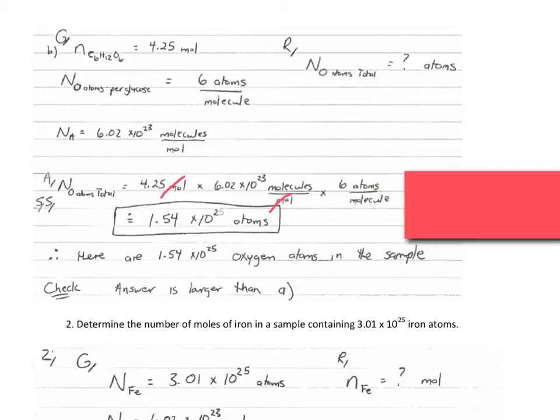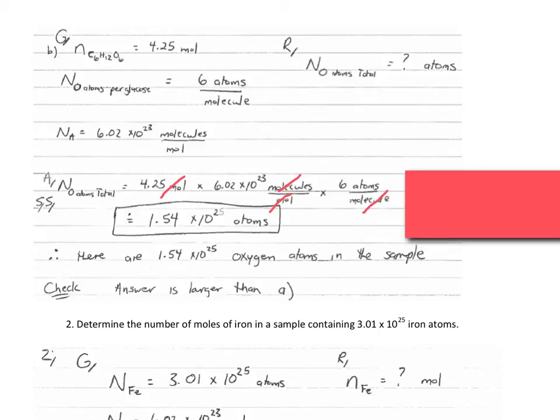And that's where my second conversion factor that connects atoms and molecules comes in. In incorporating that, we have the 6 atoms per molecule, arranged in such a way that I've got molecule in numerator, molecule in denominator, and they cancel out. Now the only units that I'm left with are atoms, and I multiply the 3 numbers, and I arrive at this number.